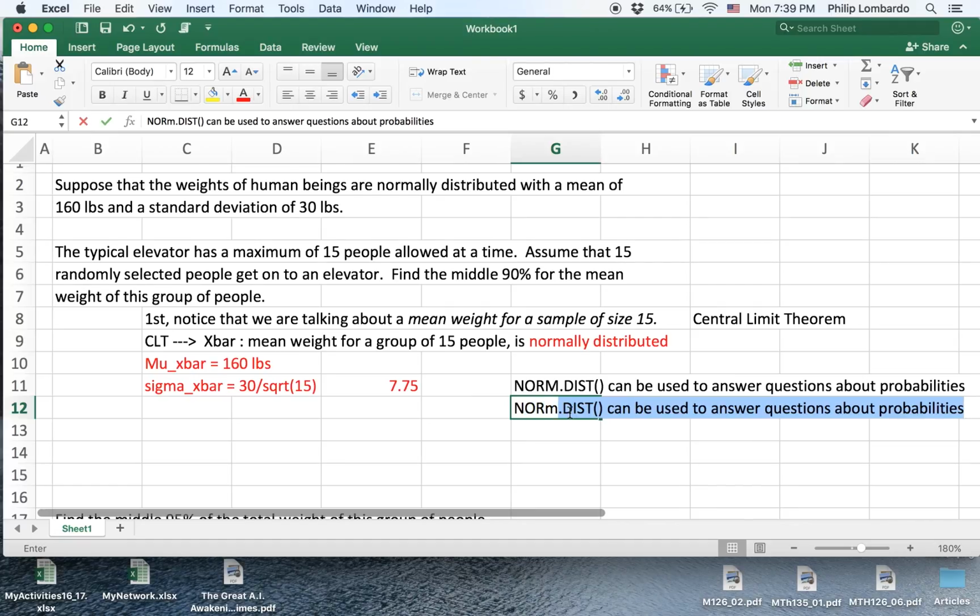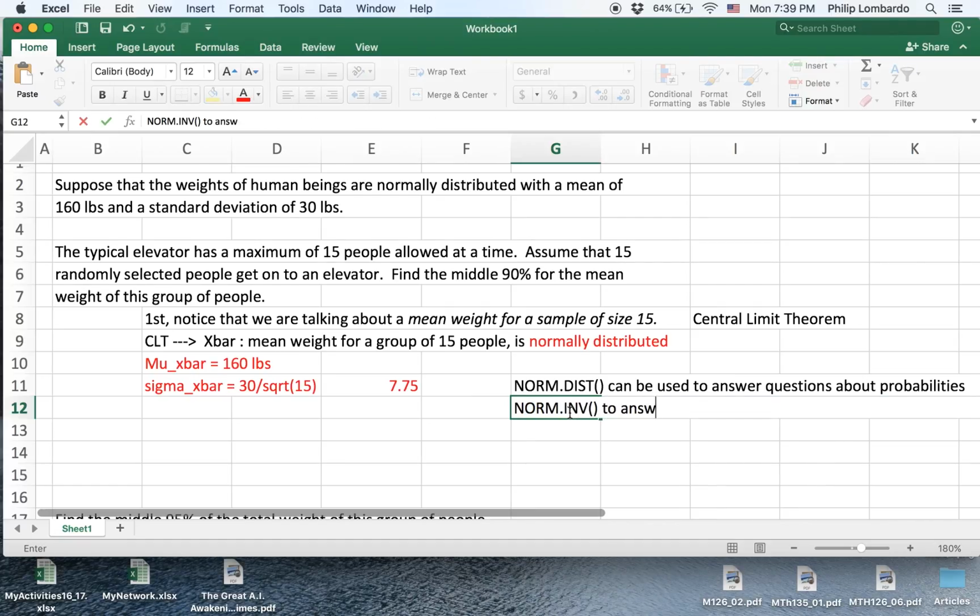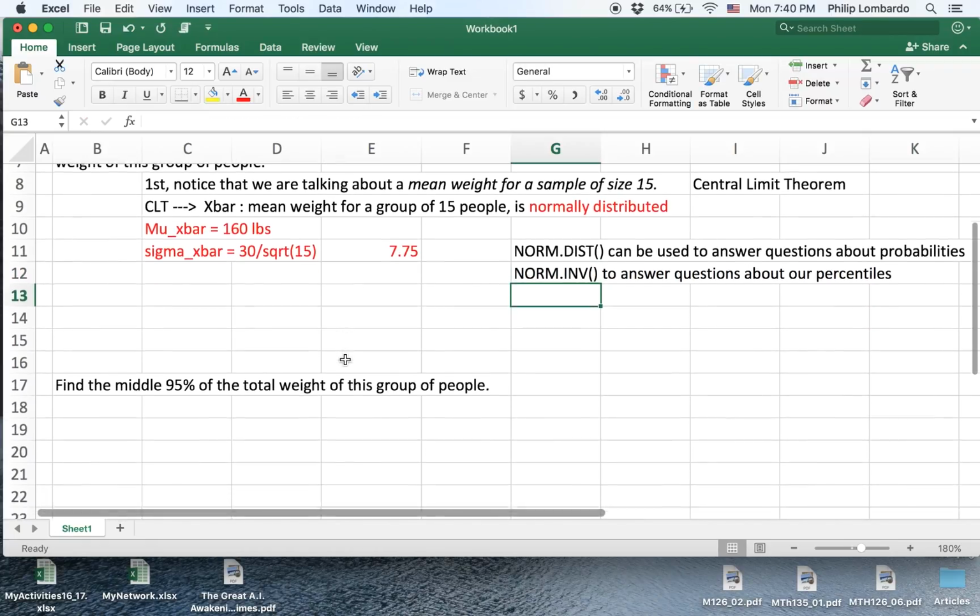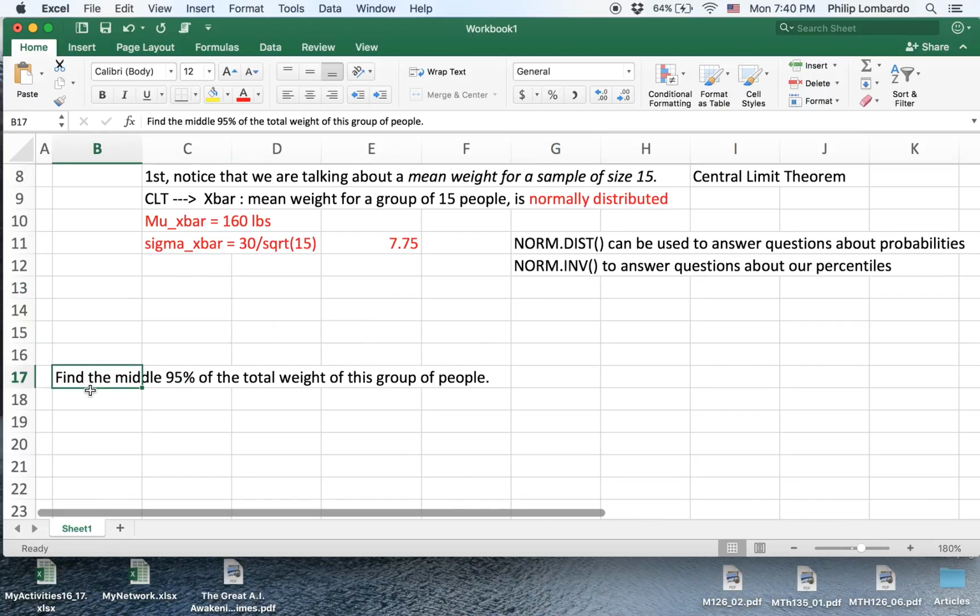Similarly, we can use norm.inverse to answer questions about our percentiles, or to move from a known probability to a score. So we'll do this one afterwards.